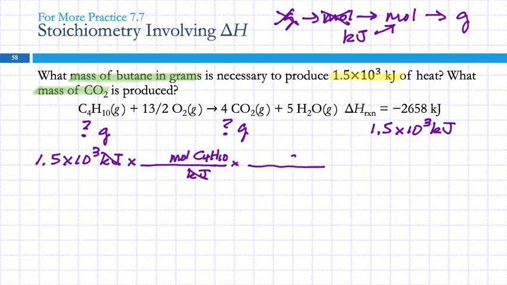And then I'm going to go to grams of butane, and moles of butane will come down here. So the mole to kilojoule relationship, there's 1 mole of butane, and negative 2658 kilojoules.